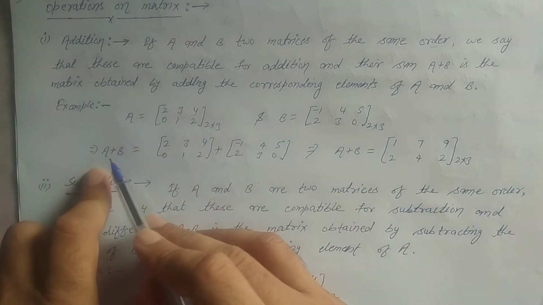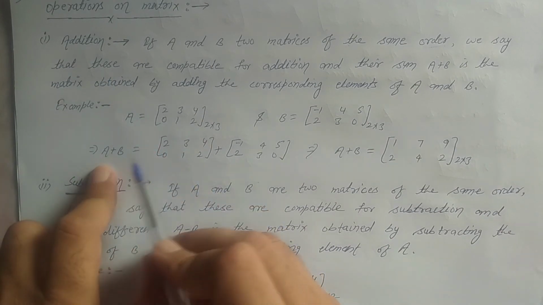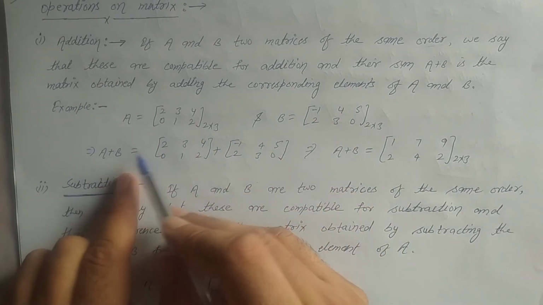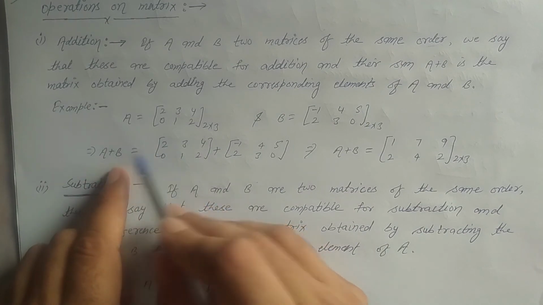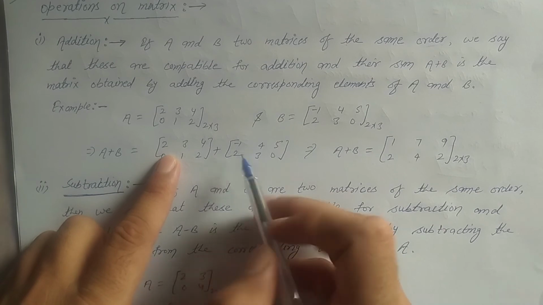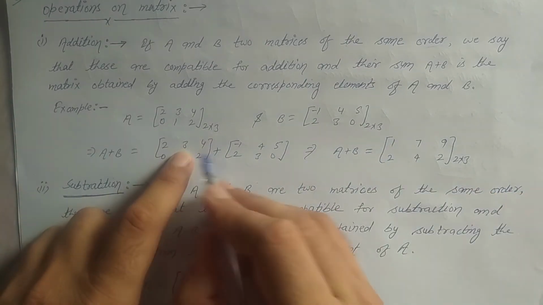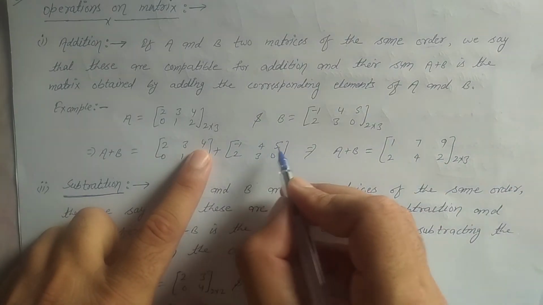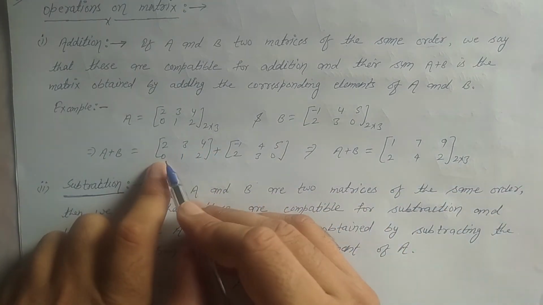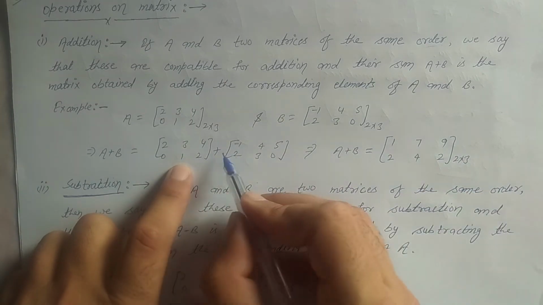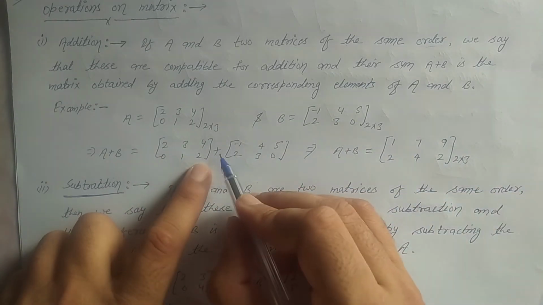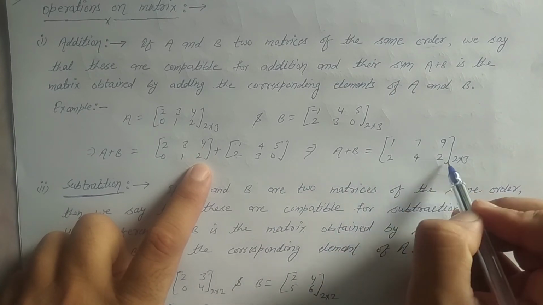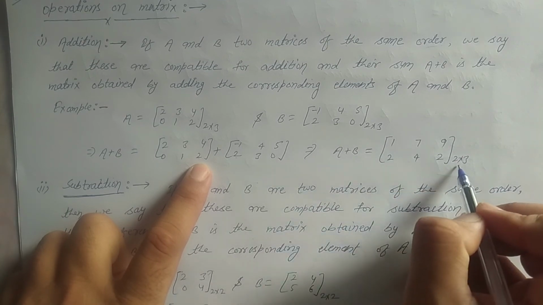Addition A plus B. A plus B is equal to matrix A plus matrix B. First element of matrix A is 2, first element of matrix B is minus 1. 2 plus minus 1 is 1. 3 plus 4 is equal to 7. 4 plus 5 is equal to 9. 0 plus 2 is equal to 2. 1 plus 3 is equal to 4. 2 plus 0 is equal to 2. The order of matrix A plus B is 2 by 3.